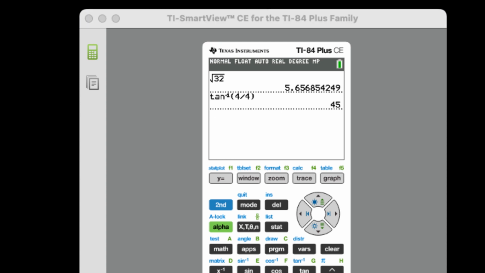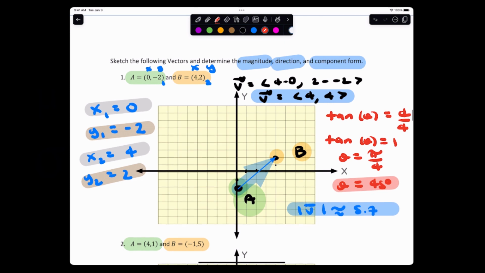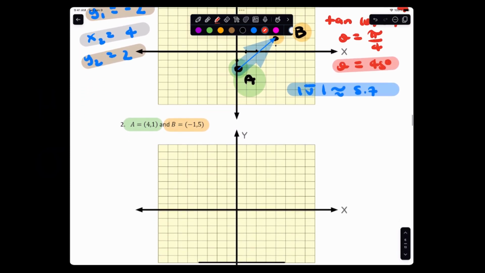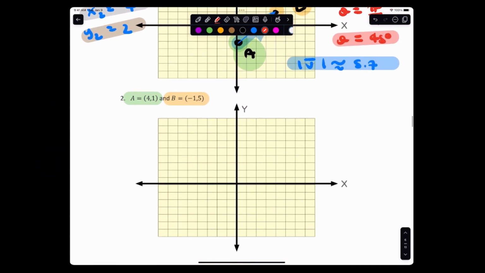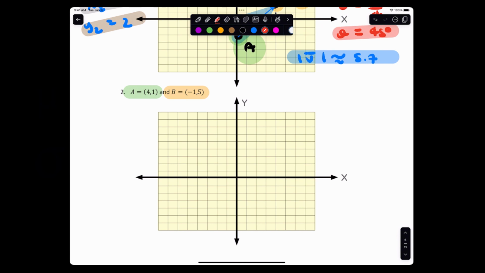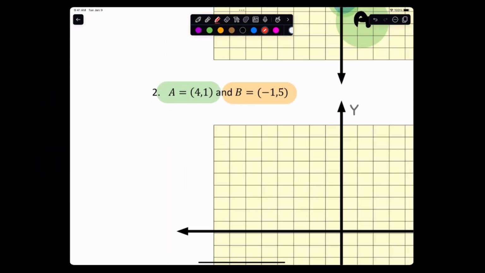So we got everything you guys need in this sheet. Looks like pretty good. All right, so there it is, ladies and gentlemen. Let's do the same for the next one. What do you guys think we get for this next one here? Okay, what'd you guys get here? Let's see.